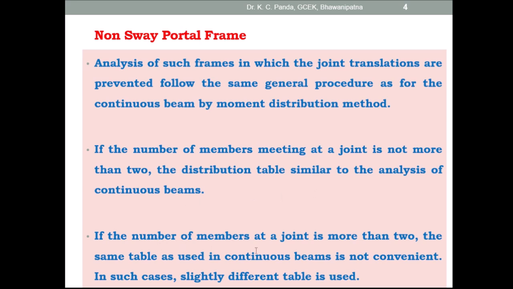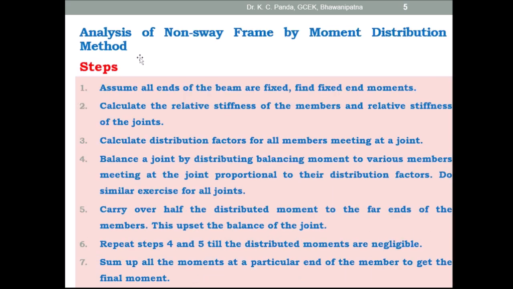If the number of members at a joint is more than 2, the same table as used in continuous beams is not convenient. In such cases, a slightly different table is used. Then coming to the step-by-step procedures followed for the analysis of a non-sway frame by the moment distribution method.